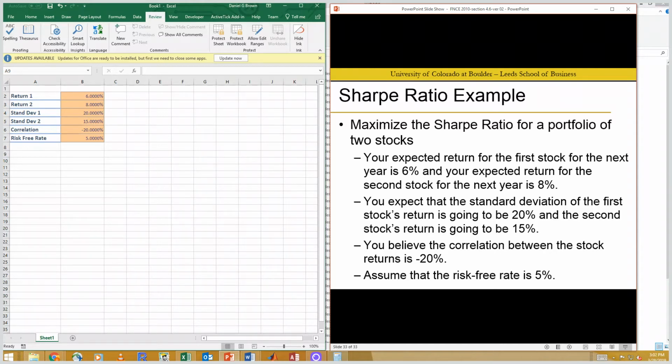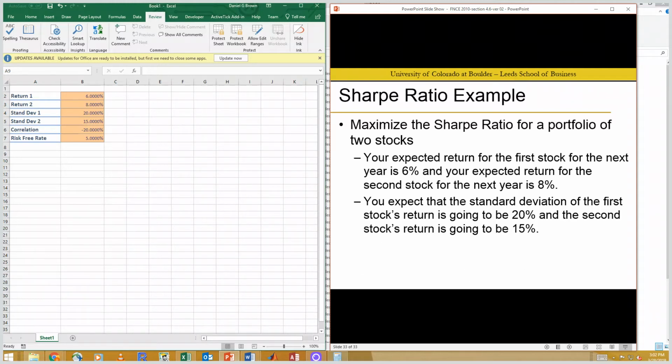Now, this is a classic optimization problem. We want to maximize the Sharpe ratio. And so the typical strategy would be to find an equation for the Sharpe ratio using, say, weight 1 as our parameter, and then taking its derivative, finding critical numbers, figuring out whether those critical numbers are maximums or minimums, figuring out which of the critical numbers is associated with the absolute maximum, and that would be the best portfolio.